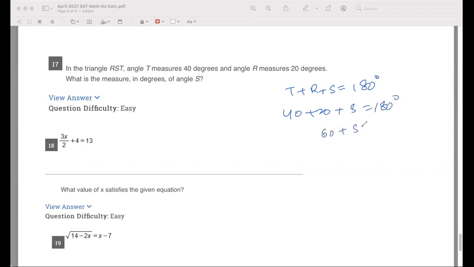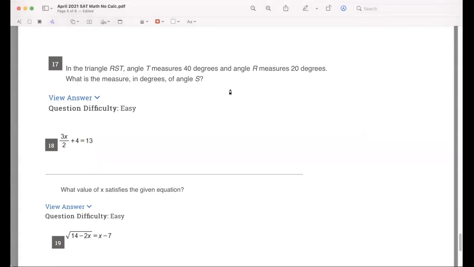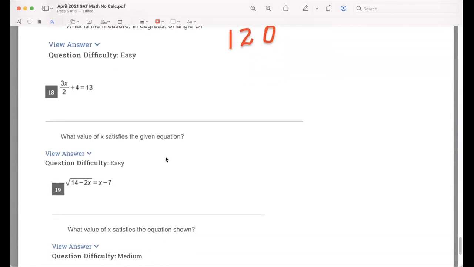So 60 plus S is 180, so S is 120. So the degree measure of S is 120. Let's write that.